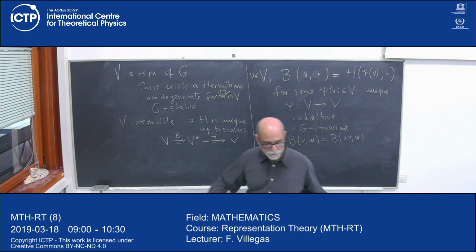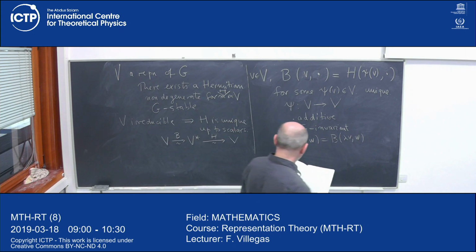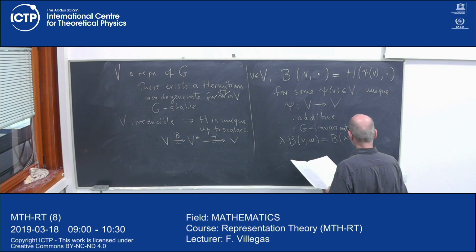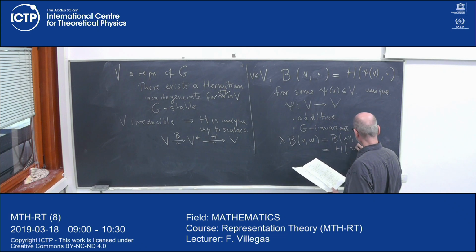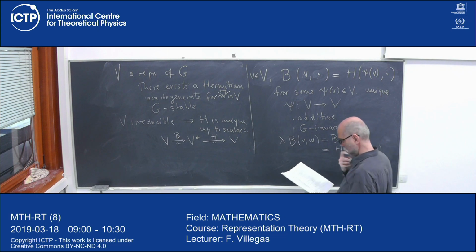B is just bilinear. There's no mention of complex conjugation about B. This is, by definition of psi, H of psi of lambda v, w.